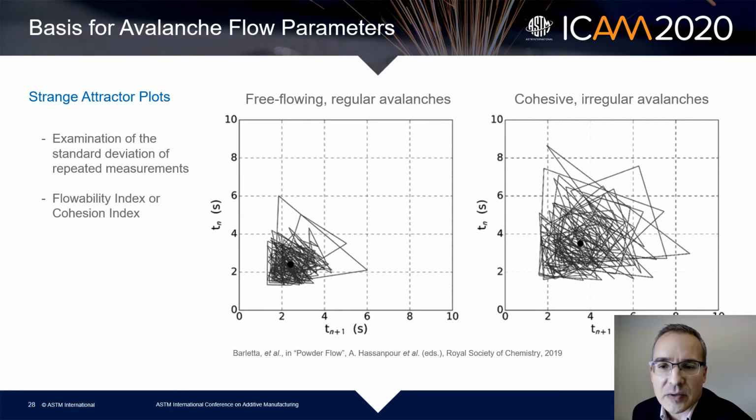And these strange attractor plots from a paper from last year show a very good example of the basis for these types of measurements: more cohesive flow results in very irregular avalanches and these strange attractor plots, whereas a more regular avalanche and a much tighter distribution would correspond to something that flows a lot better.